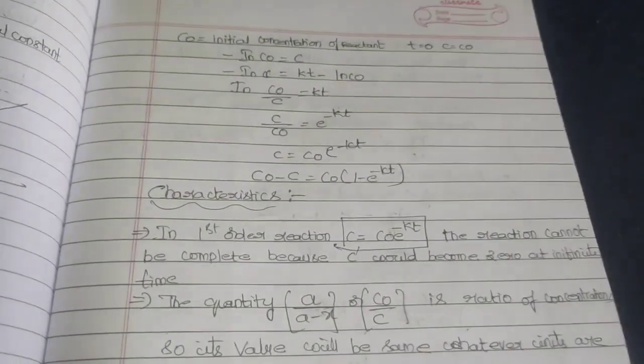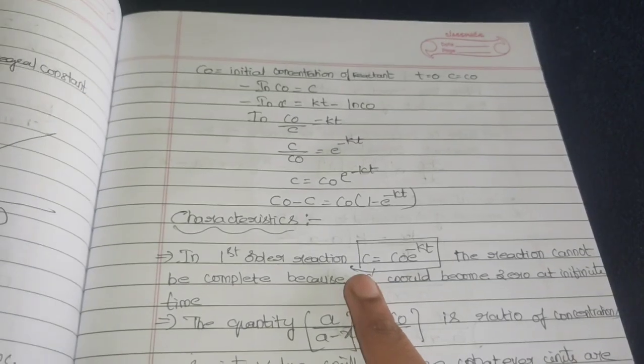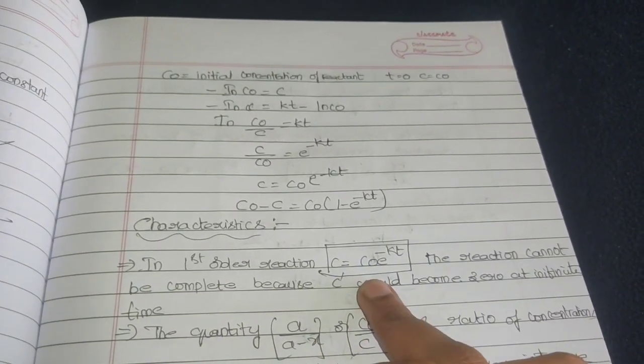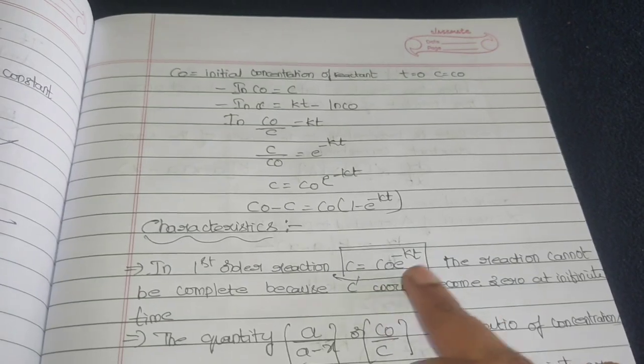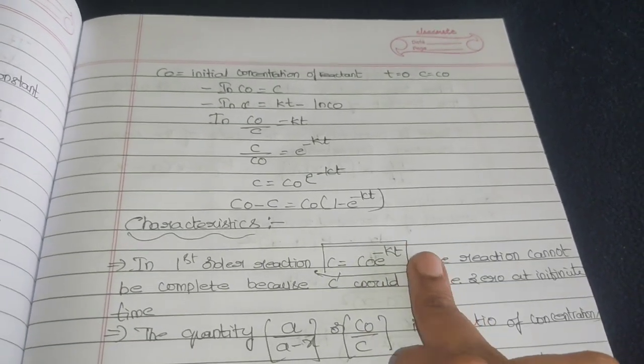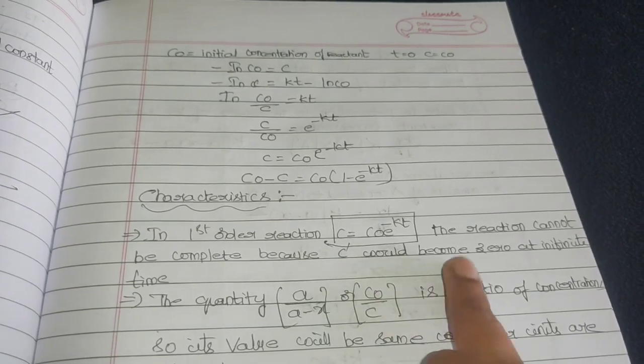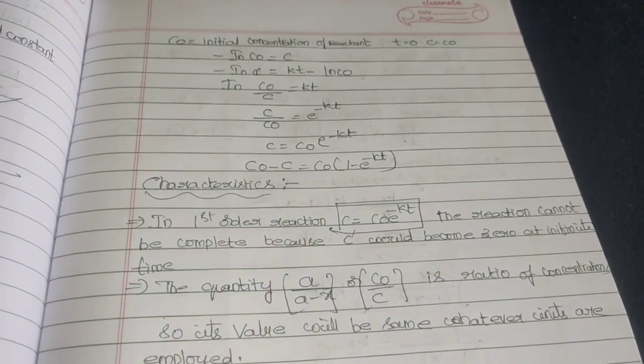In the first order reaction, C is equal to C0, the initial concentration of the reactant, into e to the power of minus Kt. The reaction cannot be complete because C would become 0 only at infinite time.